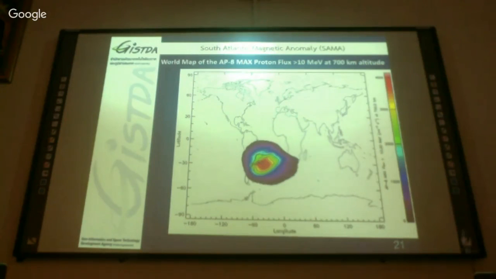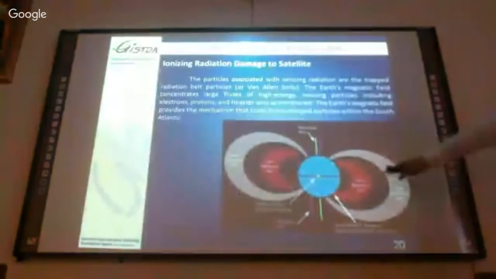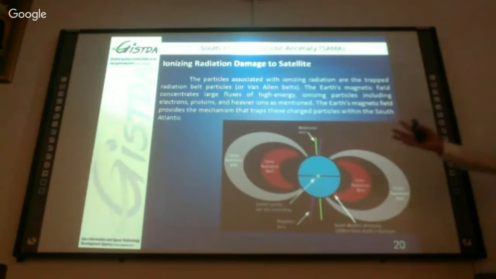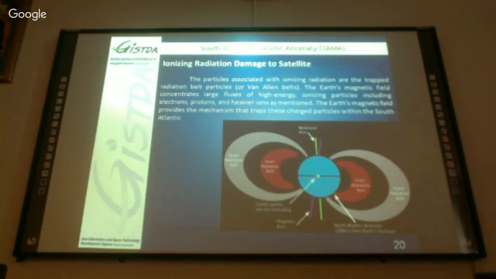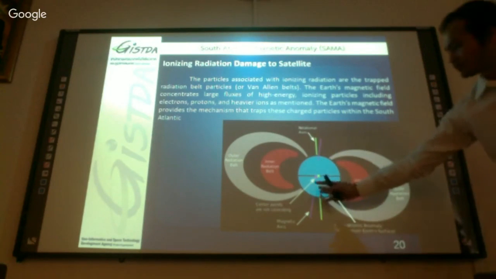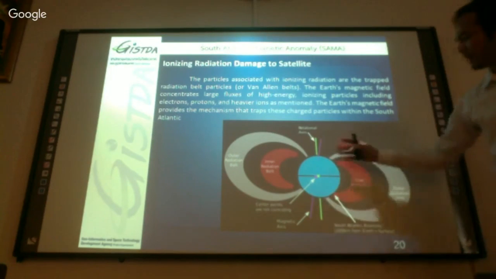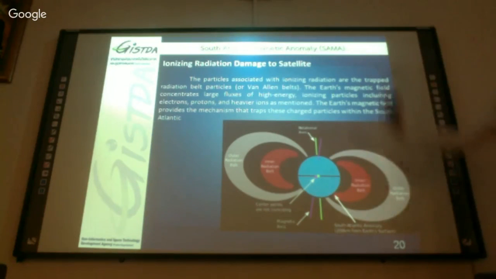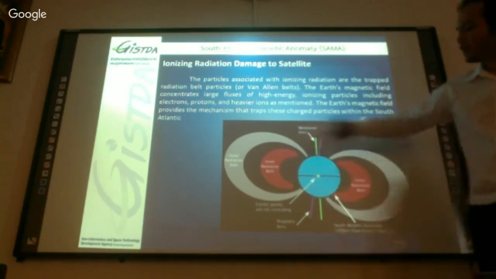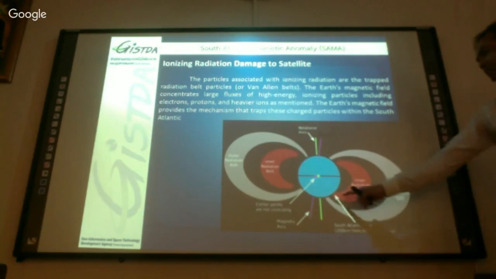I think because of it, as I show you about this one, the Van Allen belt. First, as far as I think everyone knows about this one, right? Because of our magnetic field from the south to the north, this is like trapped particles around the Earth. We call this the Van Allen belt.